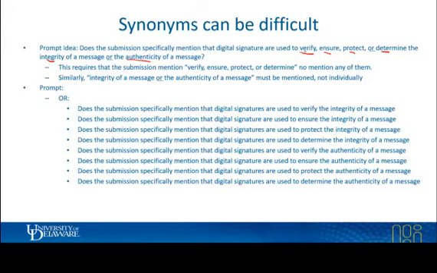Again, do we want the submission to mention all of these? Or what we want them to do is mention verify, or ensure, or protect, or determine. And they can mention integrity, or they can mention authenticity. So we program that exactly as they want. They can mention verify the integrity, ensure the integrity, verify authenticity, and so on.